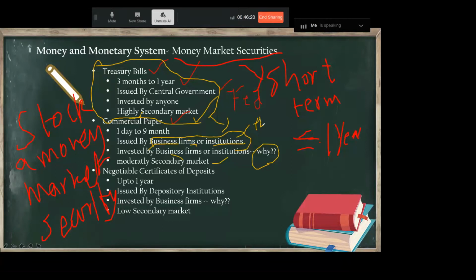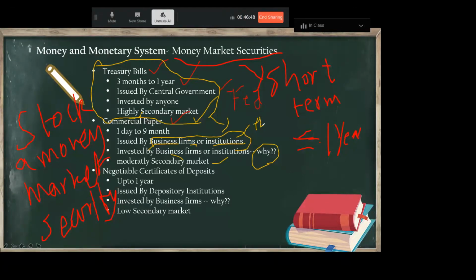Normal people cannot buy it because of some legalities. We couldn't have those kinds of premises. We can only invest in T-bills. Remember, the rest are all about business firms. So commercial paper is used, but it's not that commonly used. But still, high-rated firms can issue commercial paper.